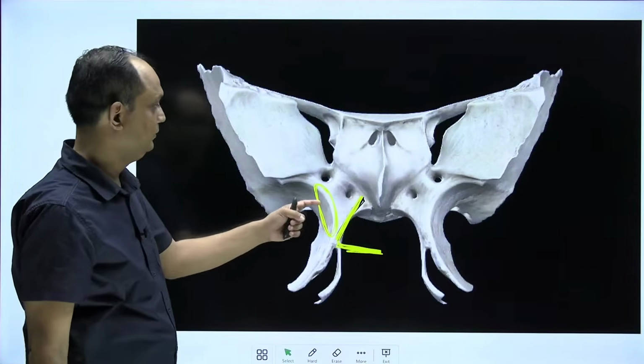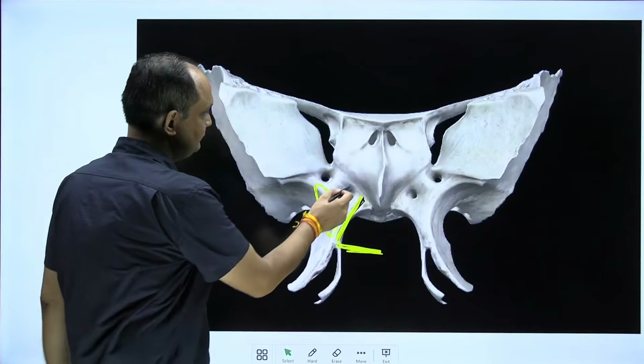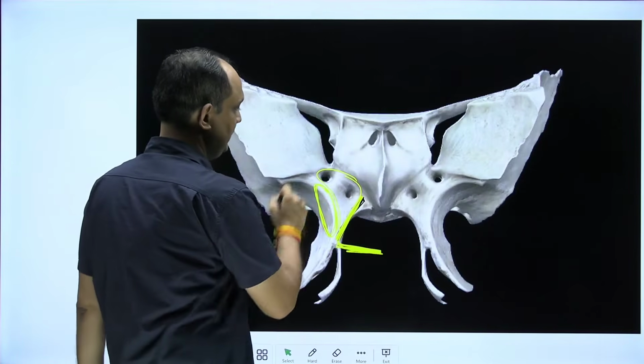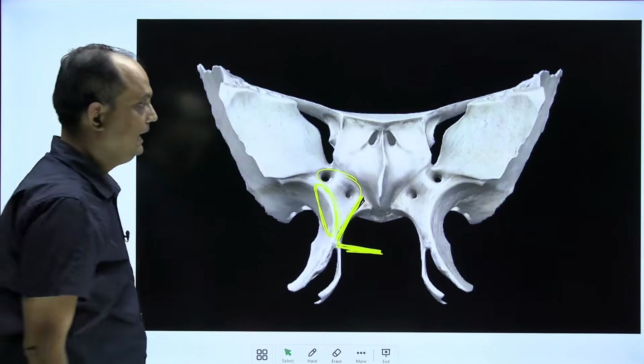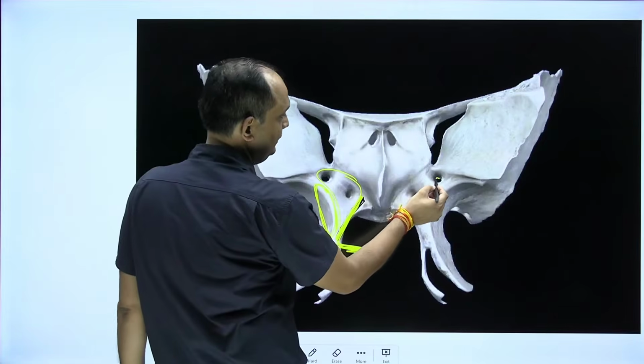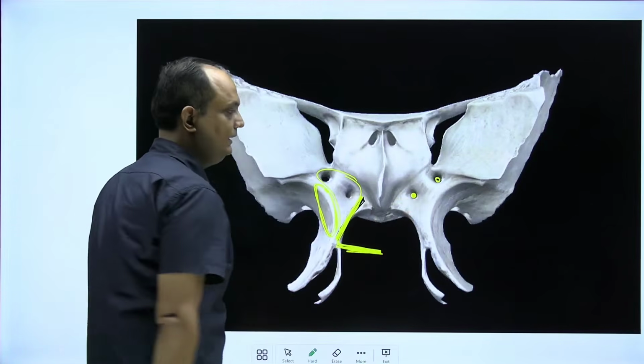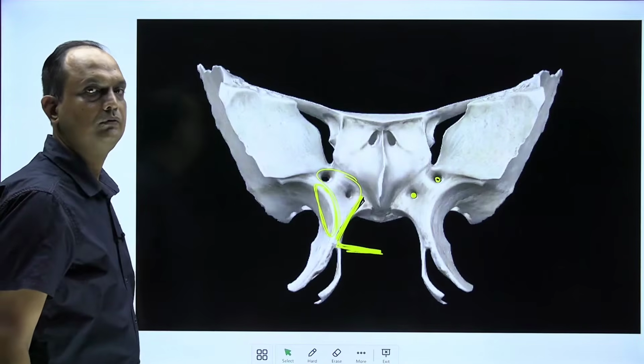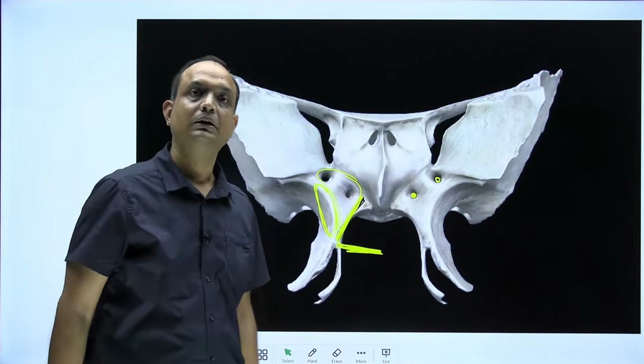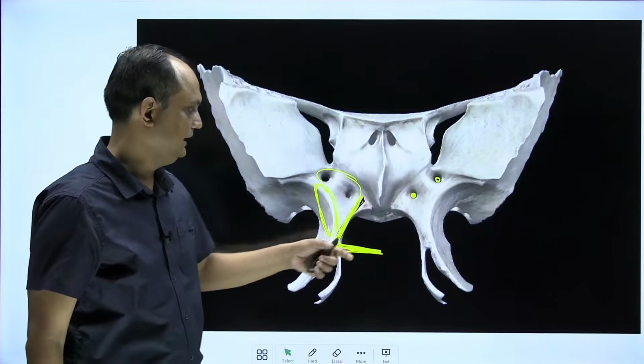So it is known as the pterygomaxillary fissure, and this fossa is known as the pterygopalatine fossa. And in this fossa you can see the opening of the foramen rotundum, and this is the opening of the anterior part of the foramen lacerum, through which you have the pterygoid canal. Clear?